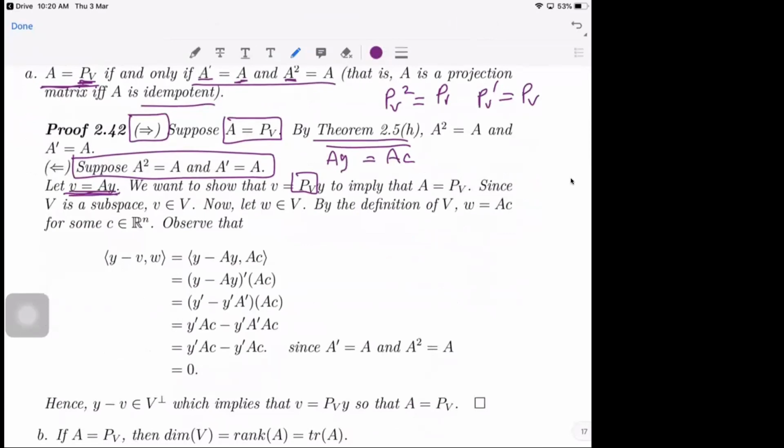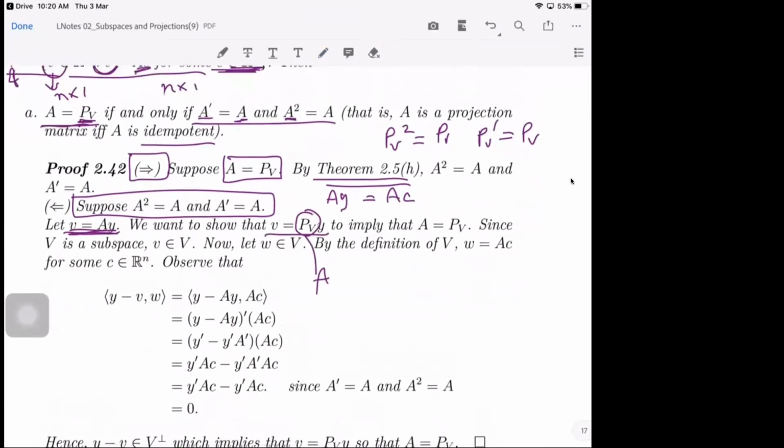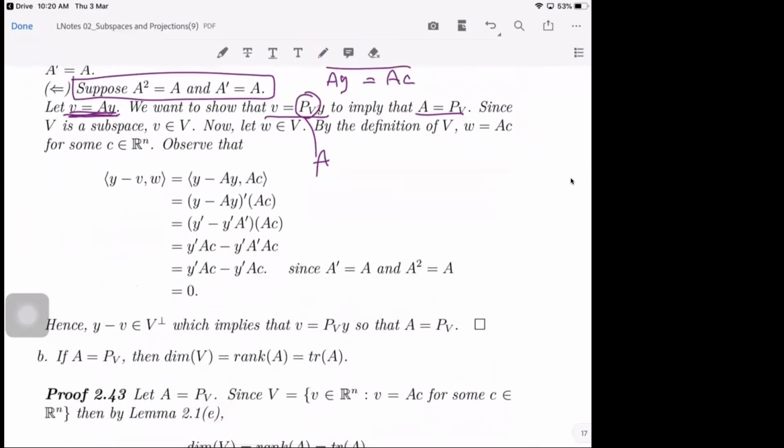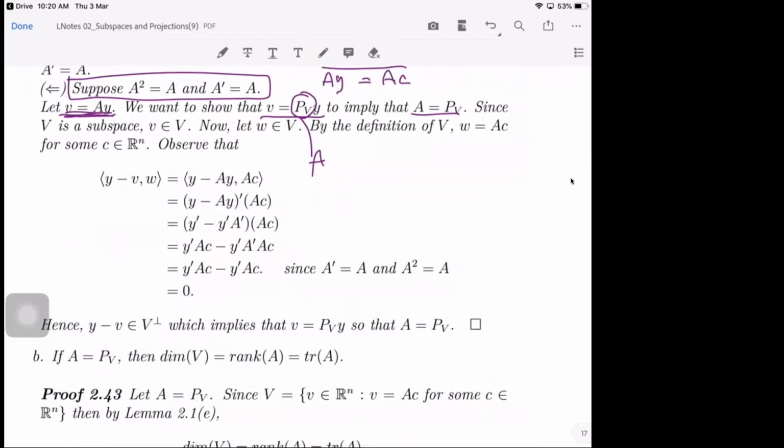We want to show that V is actually the projection of Y onto V, so this becomes A. What we want to show is that A is P_V, to imply that A is your P_V. Okay, so since V is a subspace, then V is in V.